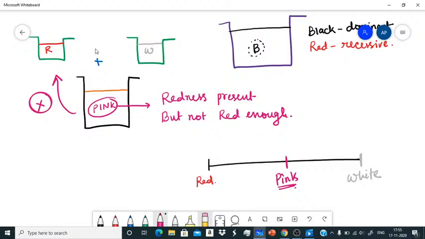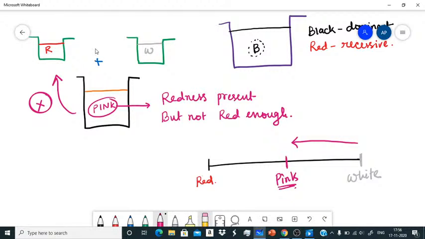So what happened in the resultant mixture? The color tried to move towards the dominant one, right? The color tried to shift towards the dominant one. As in the previous case, what happened? The entirety of the color in the resultant solution tended to be similar to black.